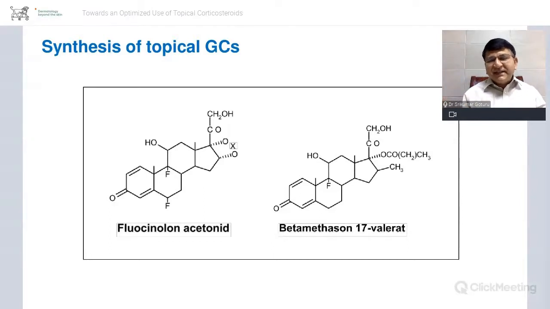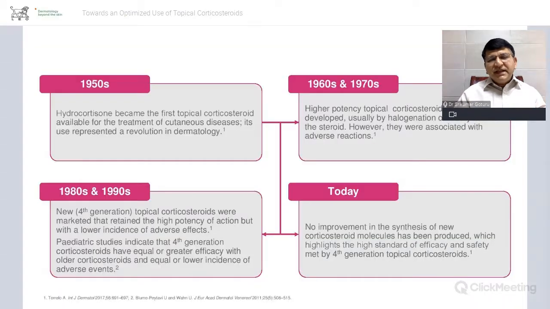And we know that chemists have made various modifications in the basic structure of topical corticosteroids with a view to increasing the penetration, increasing the potency, reducing the side effects, and all these things. All this gimmickry has led to a very interesting scenario.